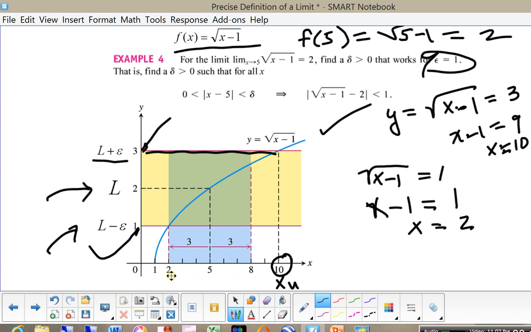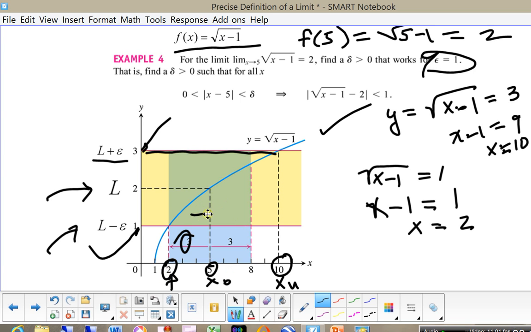So x lower is going to be 2. Now, since x naught is 5, we notice that the distance between 2 and 5 is equal to 3.